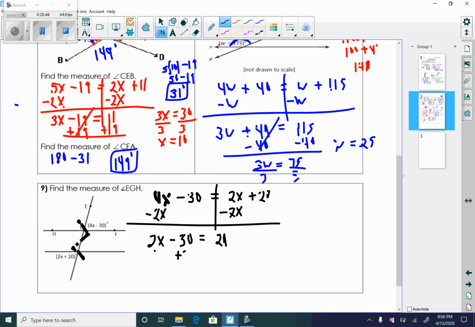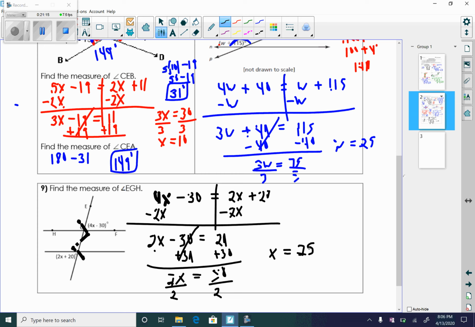And we're going to add 30 to both sides. And we're going to get 2x equals 50. My pen is really unhappy right now. I'm going to divide by 2, and I'm going to get x equals 25.